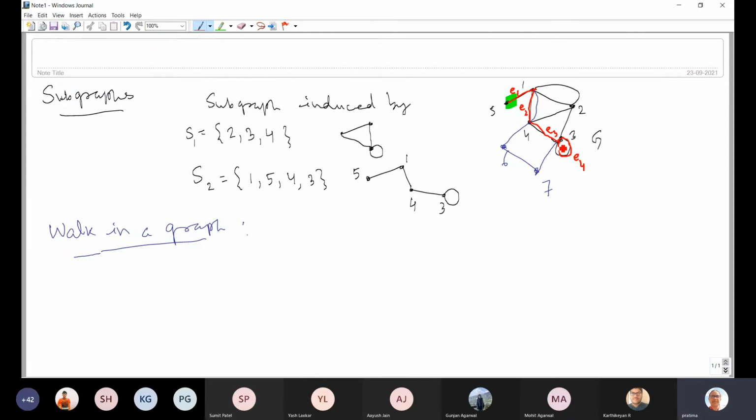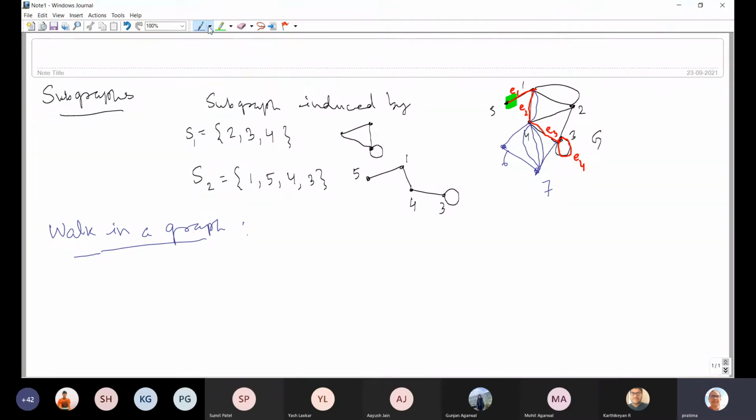After I visit E4, suppose I go on. Let us take some more edges or a self loop. I consider some more edges like this, and here I also have some parallel edges, or more than one parallel edge you may have.